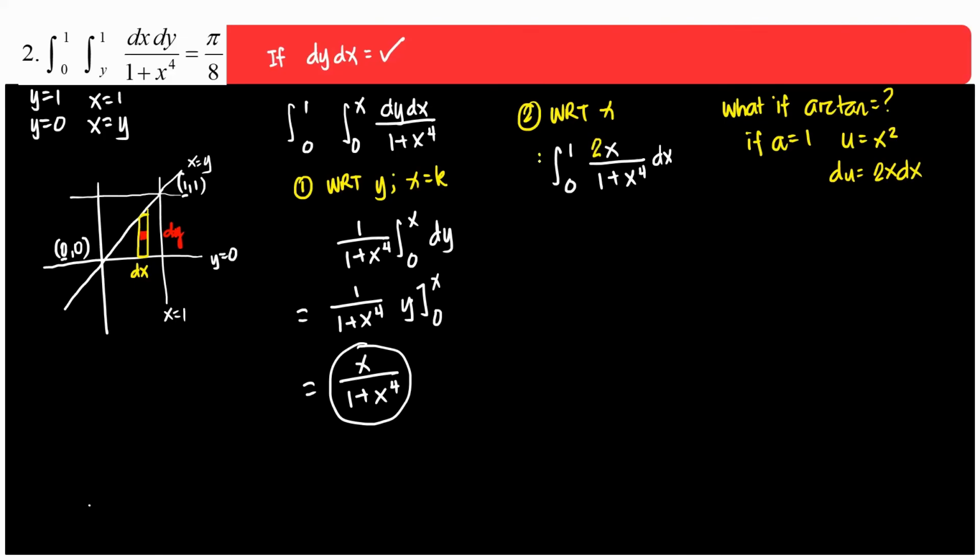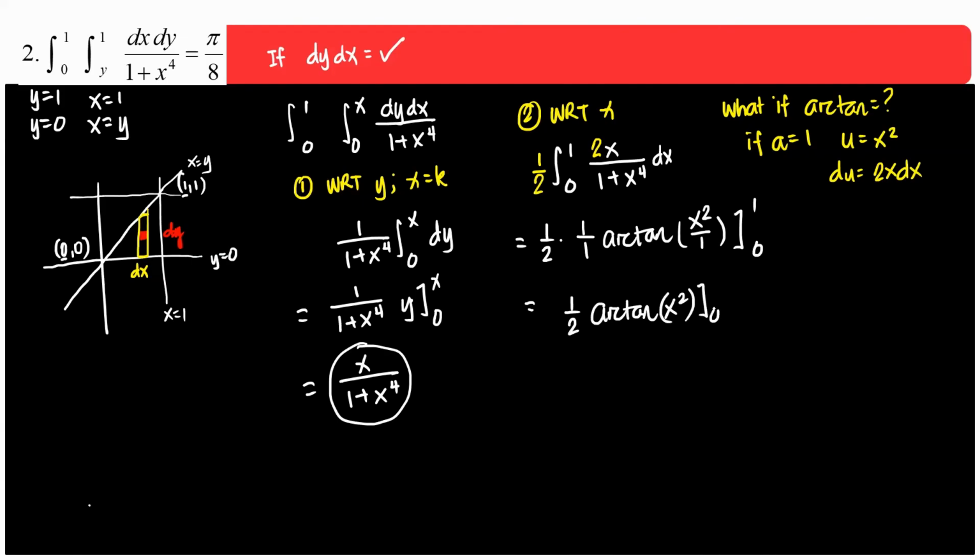So it's just 2. I can bring out a 1 half. And then integrating that, that's going to be 1 half times 1 over 1 arctangent of x squared over 1 coming from 0 up to 1. So 1 half arctan of x squared from 0 to 1.